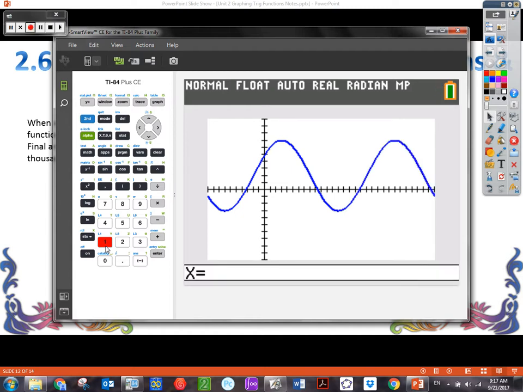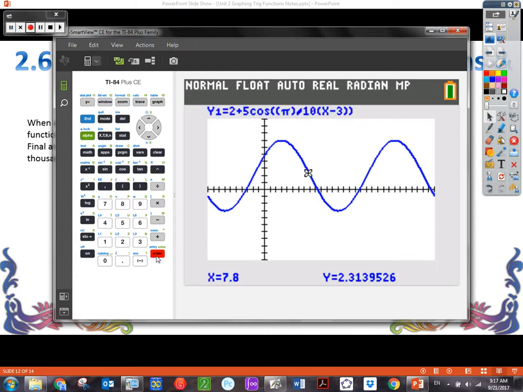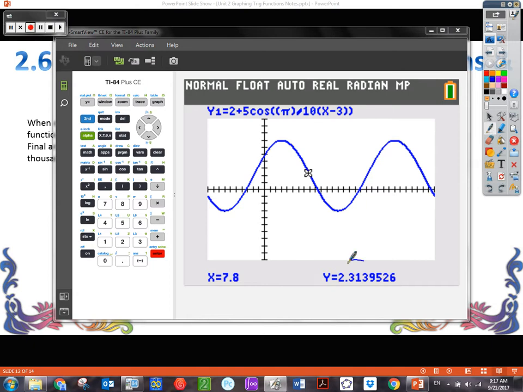And so see how it pops up down here at the bottom, x equals, so we're going to type in our 7.8 and hit enter. And so here is our y value right here. There's our y value at 7.8. So we would answer that question, we'd say equals 2.3139. Is everybody okay with finding that value?